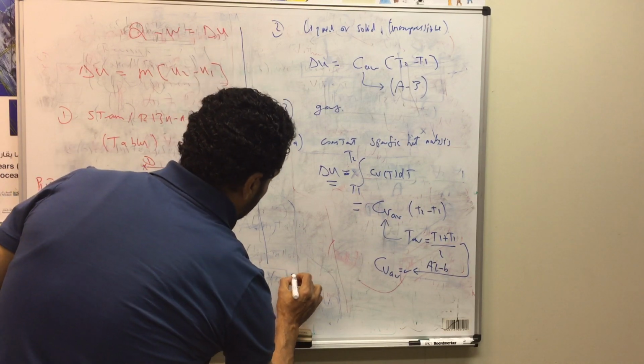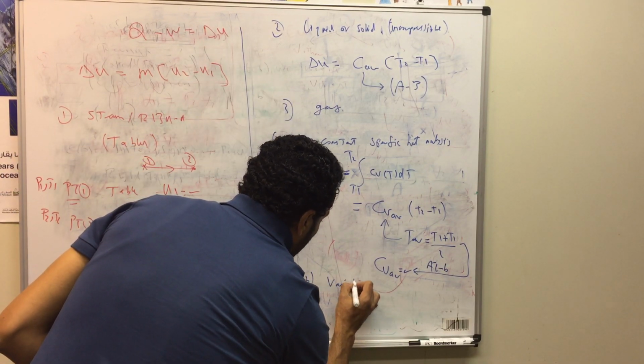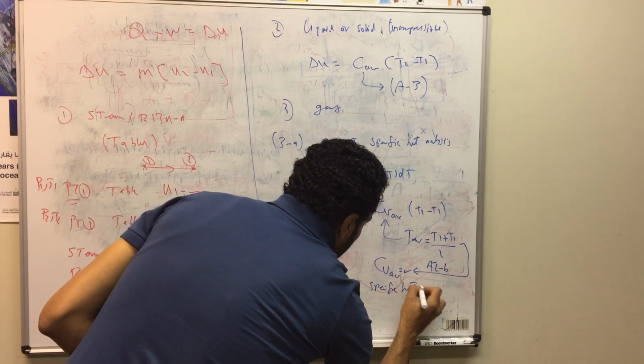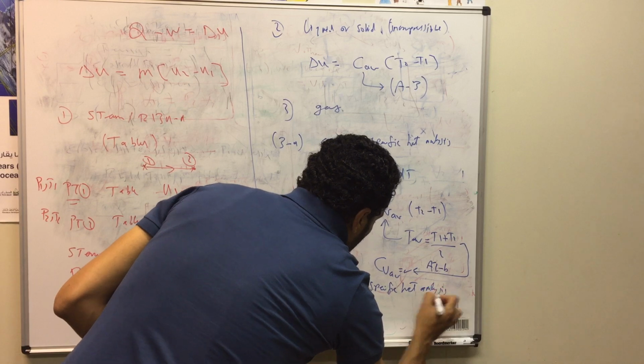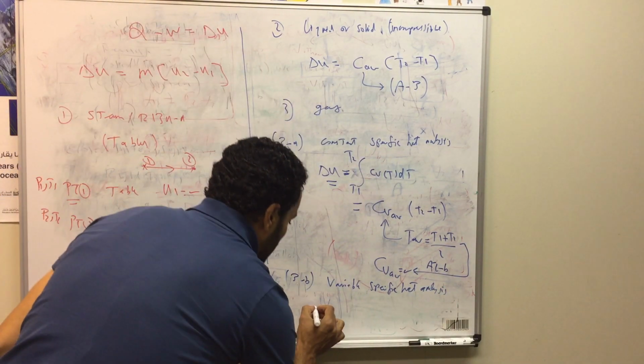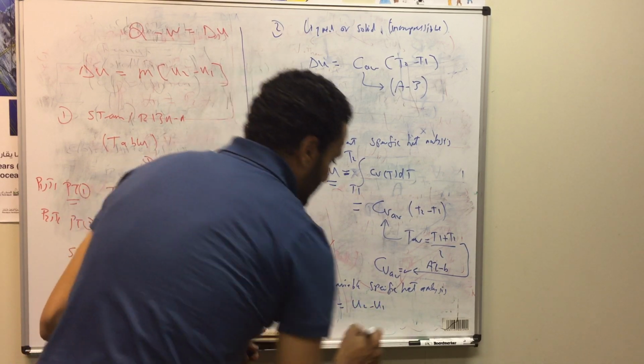The second case is when he asks you to follow the variable specific heat analysis. In this case, just like steam or refrigerant, delta U will equal u2 minus u1.